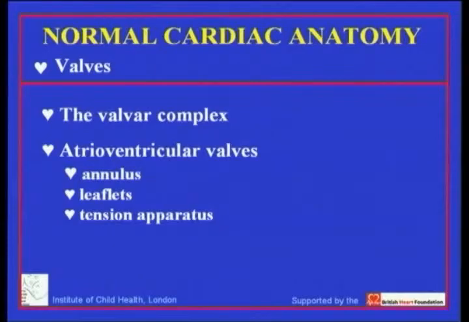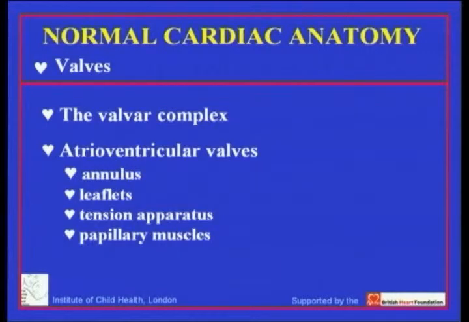The essence of the atrioventricular valvar complex is the presence of a tension apparatus, and it's the presence of the tension apparatus that distinguishes the structure of the atrioventricular valves from those of the arterial valves.